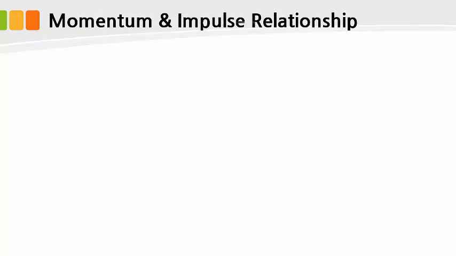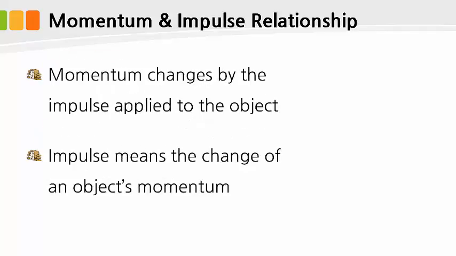Let's think about the relationship between impulse and momentum again. The momentum changes by the impulse applied to the object. In other words, the impulse means the change of an object's momentum.